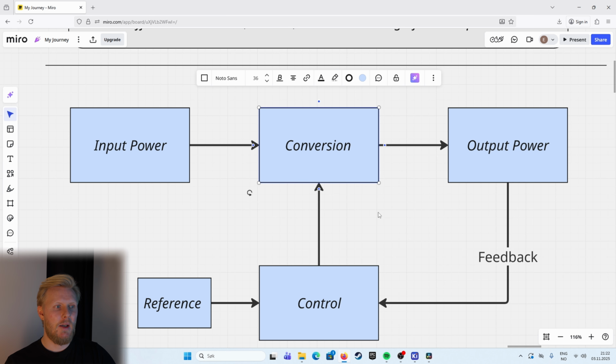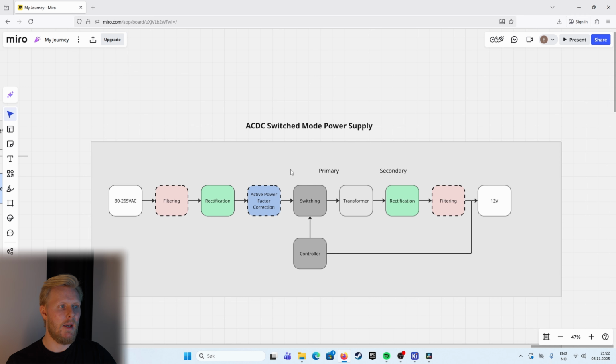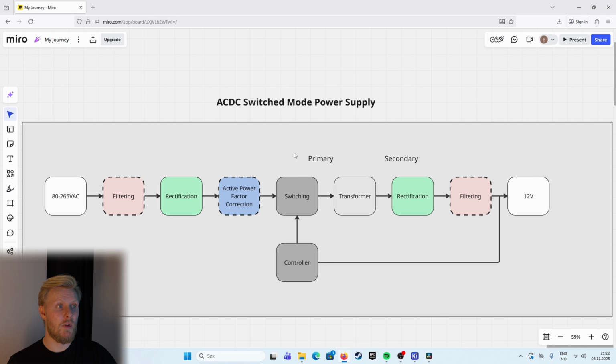Let's see. Moving on to an AC/DC switch mode power supply, and here too I urge you to pause the video and look through all of these boxes, because they're basically, and I'm going to remove this so I don't confuse anyone looking into this specific block diagram, but I built it to show the different stages of a switch mode power supply.